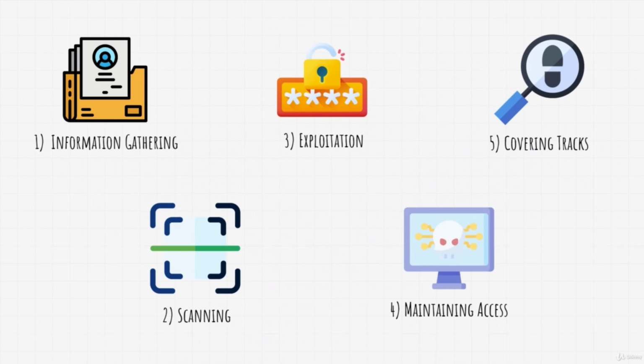Keep in mind that these steps should be performed in order, and one more important thing is, in case you're a beginner, you might think that the third step, which is exploitation or gaining access, is the most important step of the process. Even though it is very important and crucial, the most important steps are actually information gathering and scanning.